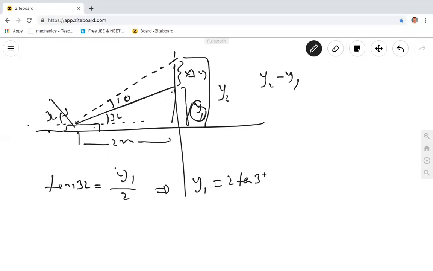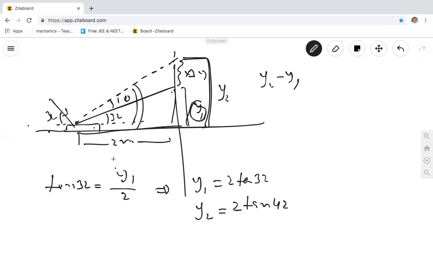So y1 is 2 times tan 32. Similarly, what is y2? The big angle is 32 plus 10, so it's 42. In the biggest triangle, tan 42 is equal to perpendicular, that is y2 by 2.